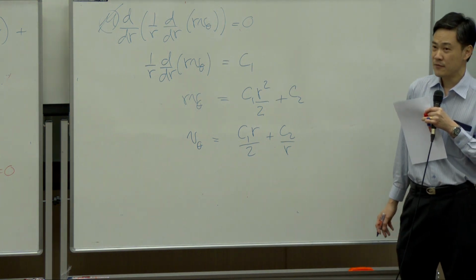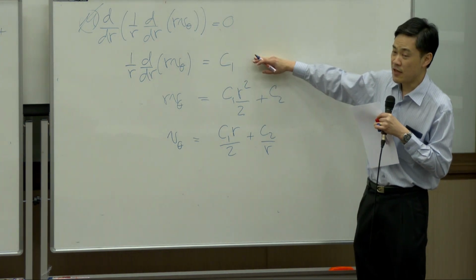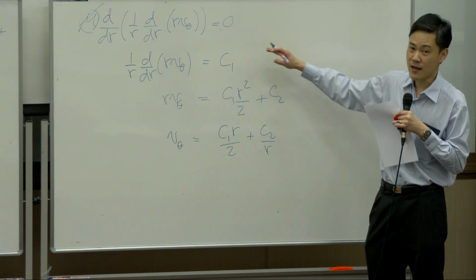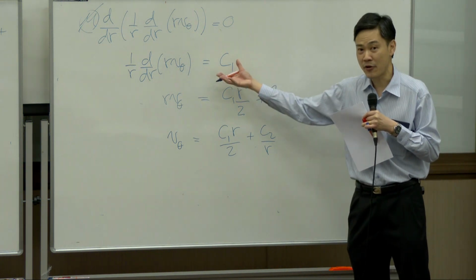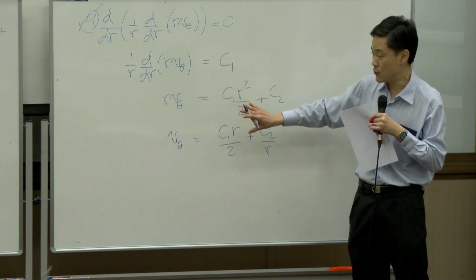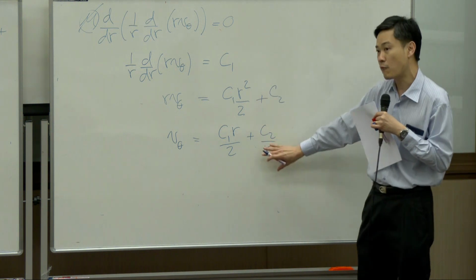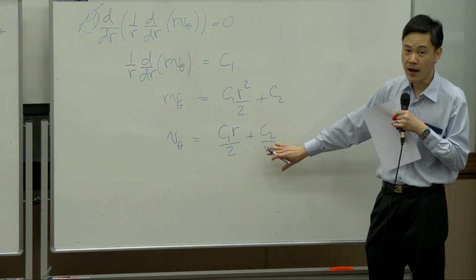And you have to notice that after the first integration, in the previous examples, I apply boundary condition here to find C1 first before integration into the next step. But in this particular example, I integrated right away, twice. Why?